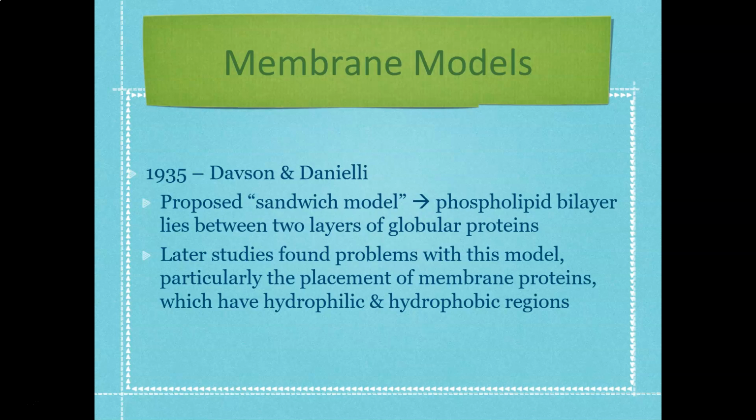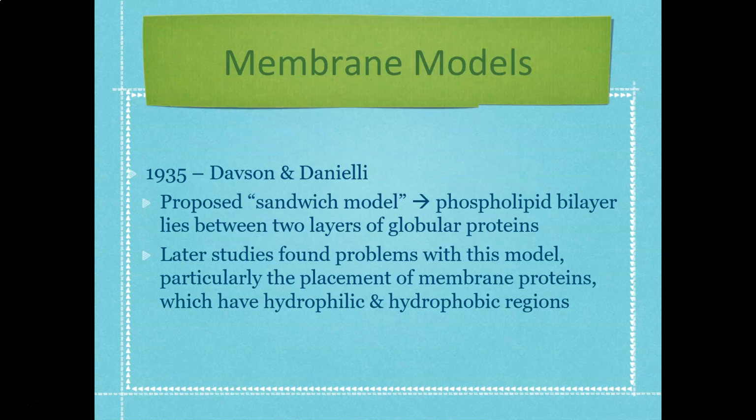Problem is, as we continued to experiment on the phospholipid membrane, we realized that this didn't quite fit, particularly as we continued to dive into the membrane proteins and the properties of those proteins. And one of the big things we discovered is that a lot of those membrane proteins were amphipathic as well.